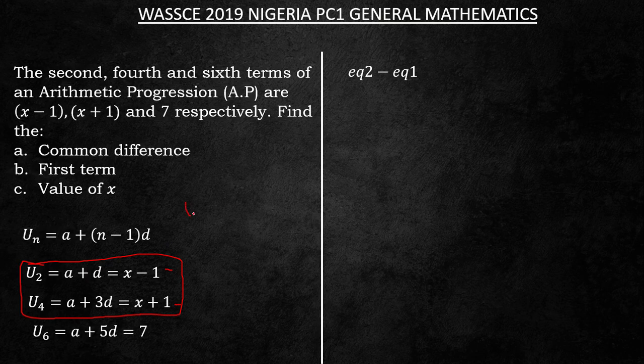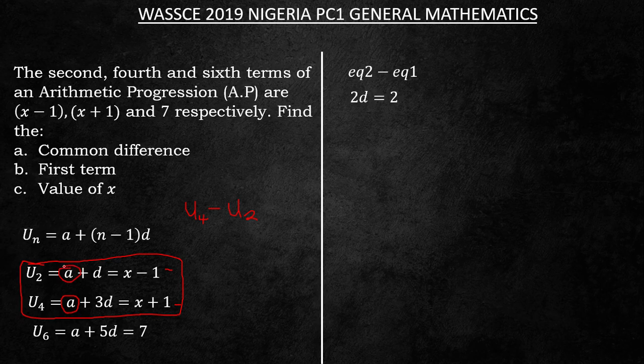So now I'm going to do this. Then the u4 minus the u2. Okay, so now the u4 minus u2 is going to be this a minus this a.